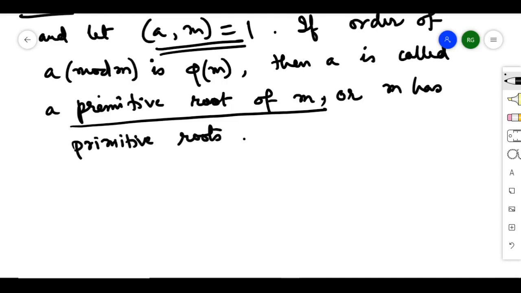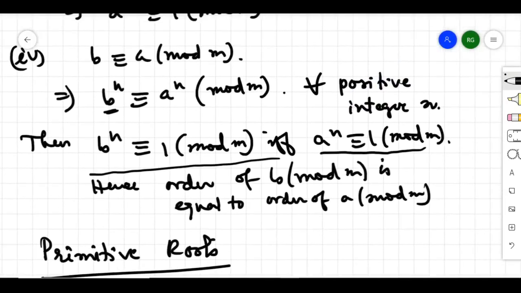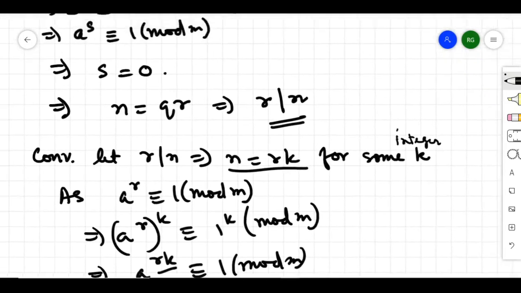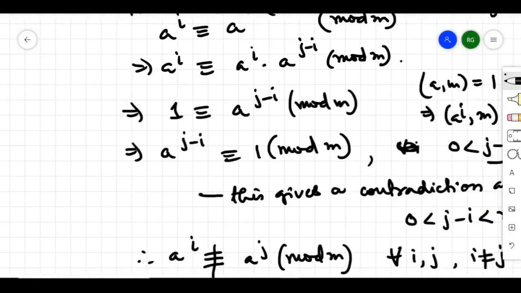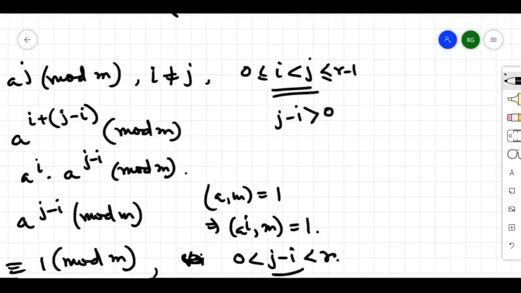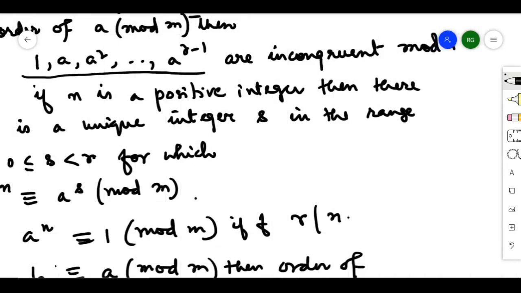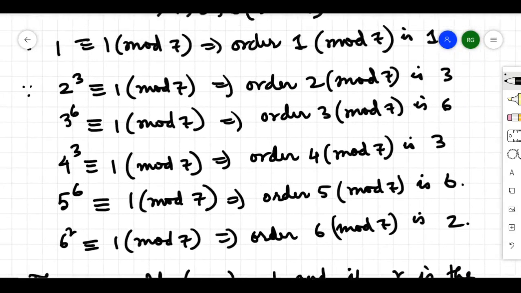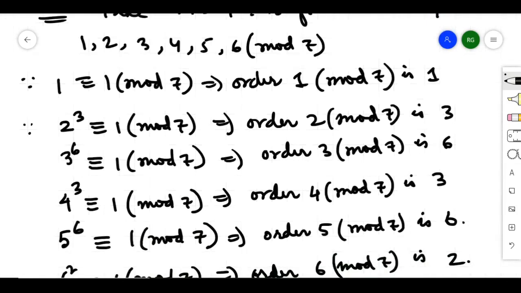So in the earlier example we have seen, let me show the example once again. What is phi 7? We know it is 6, because for a prime p, phi of p is equal to p minus 1. So for the prime 7, phi of 7 is equal to 7 minus 1, which means 6. So let us find out the integers whose order is 6. In this list we have seen the order of 3 is 6, equal to phi 7, and the order of 5 is 6, phi 7.